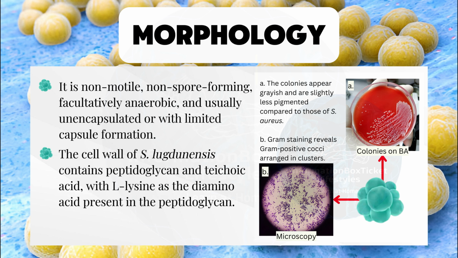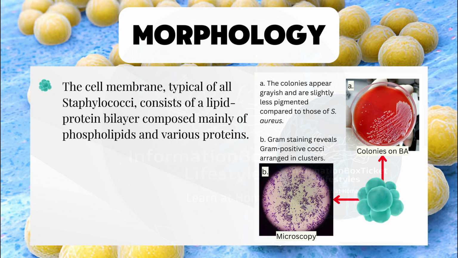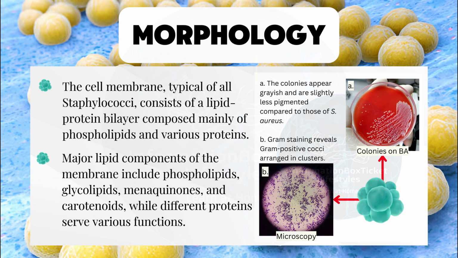The cell wall of Staphylococcus lugdunensis contains peptidoglycan and teichoic acid, with L-lysine as the diamino acid present in the peptidoglycan. The cell membrane, typical of all staphylococci, consists of a lipid-protein bilayer composed mainly of phospholipids and various proteins. Major lipid components of the membrane include phospholipids, glycolipids, menaquinones, and carotenoids, while different proteins serve various functions.